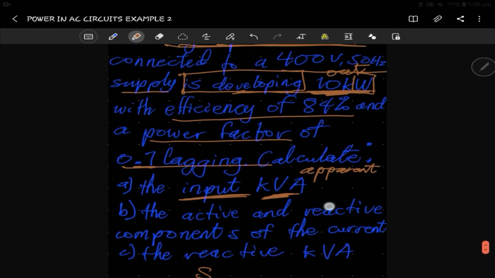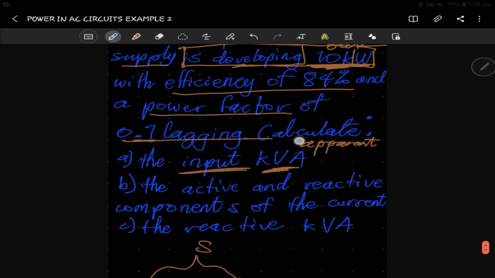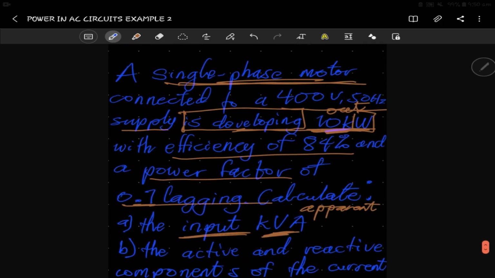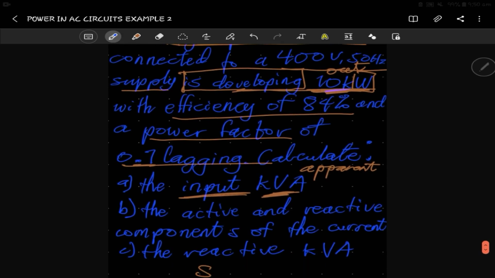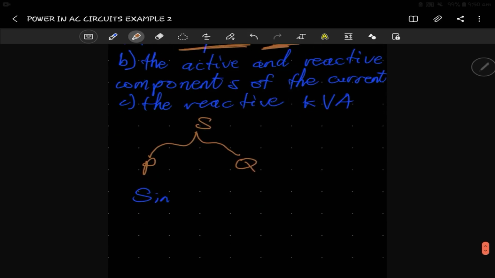Before we do that, we have to find S input. We're given output here, so we have to find the input first. That will be power input, because we have efficiency there.